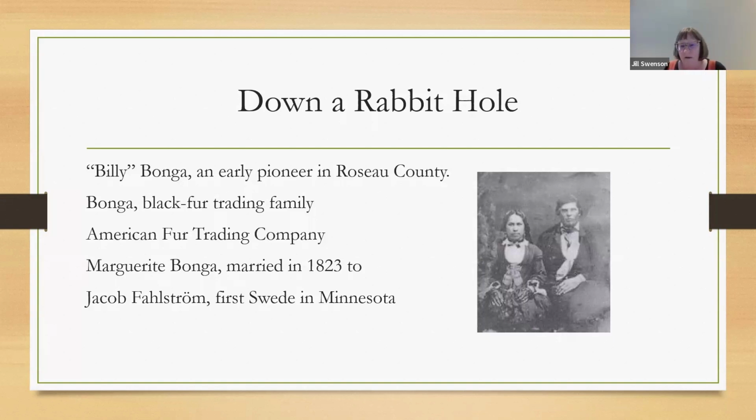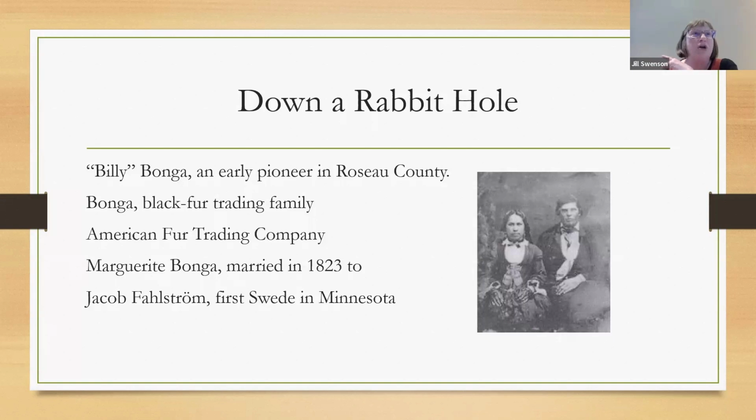Well, get ready for a story. Billy turns out to have been a member of the Black fur trading family who worked for the American Fur Company. John Jacob Astor, that guy. Billy helped establish the trading post in Warroad in 1820. The photo here points to where this rabbit hole is headed.